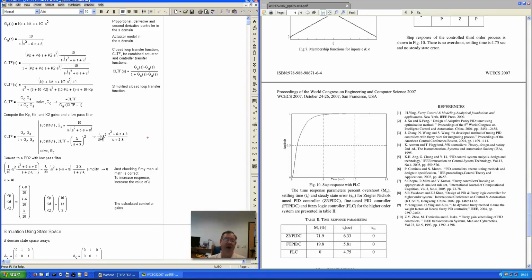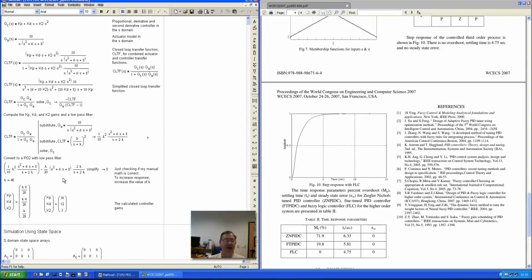So what I did is I took this original equation here and I converted it to a PD2 controller with a low-pass filter with a pole at 2 times lambda. And lambda is a tuning parameter, just like in my other examples where I can increase lambda to get a faster response.